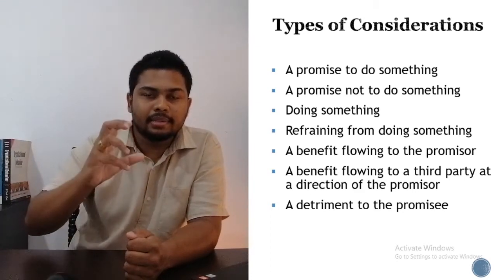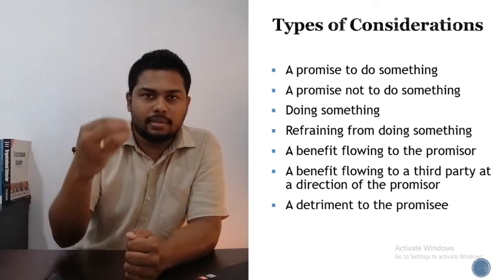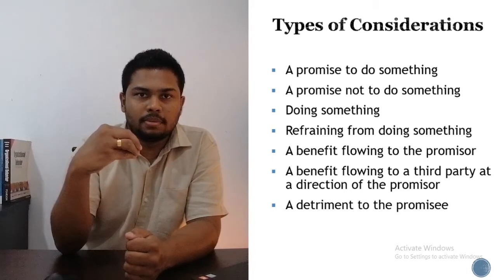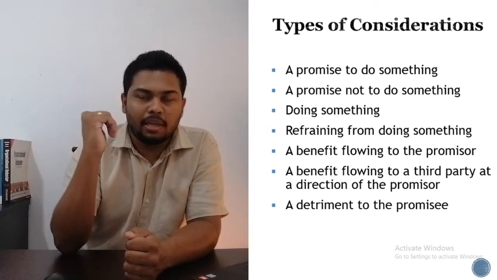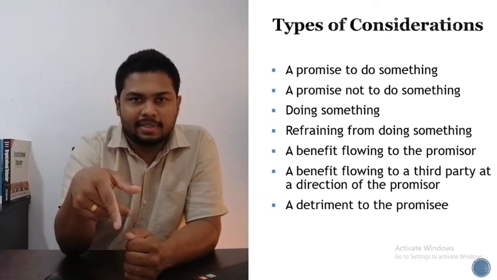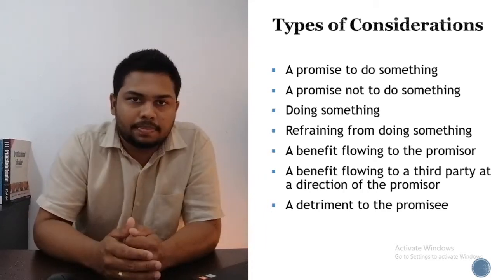The consideration was formed at my end, but I gave it to you as the offer, so you accepted it. In that case, you promise to pay that sum to me, which means you promise to do something. Then the second one is a promise not to do something.